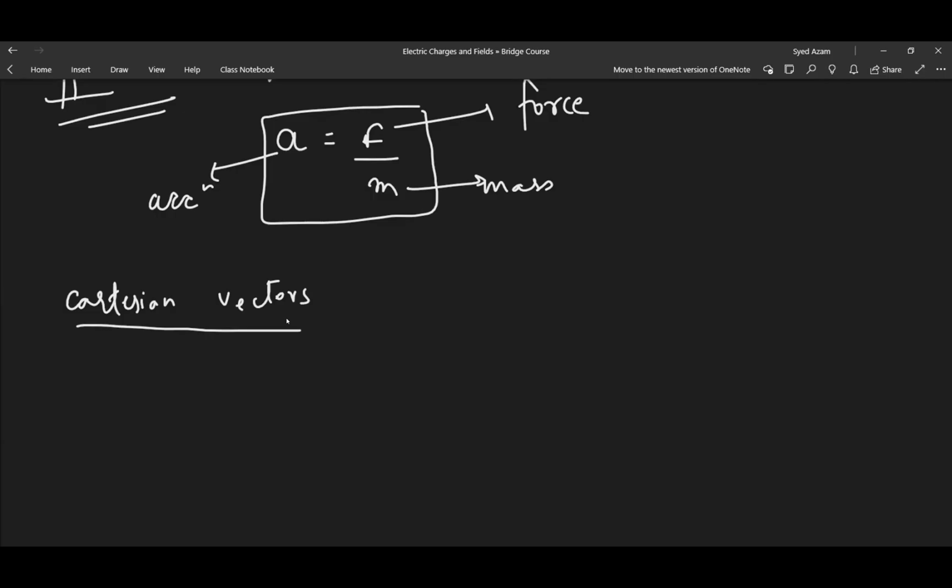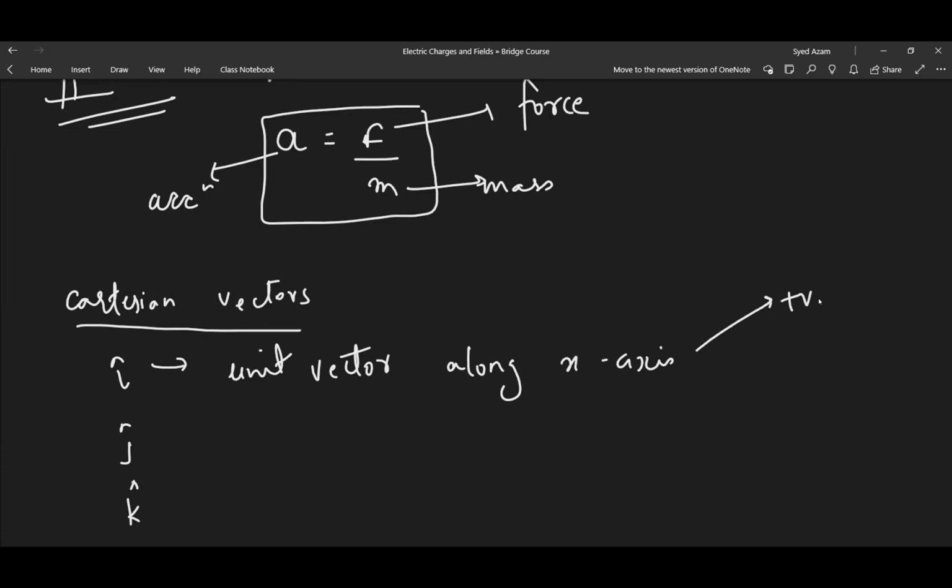Okay, see, remember: i cap, j cap, k cap. What is i cap? It's the unit vector along the x-axis. So, Abyaz, if you have positive x-axis, you will have plus i cap. If you have negative x-axis, you'll have minus i cap.